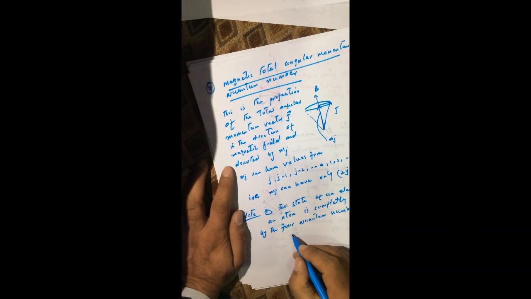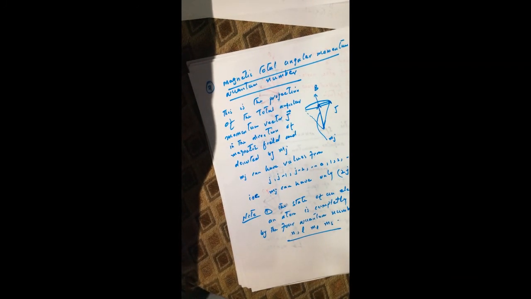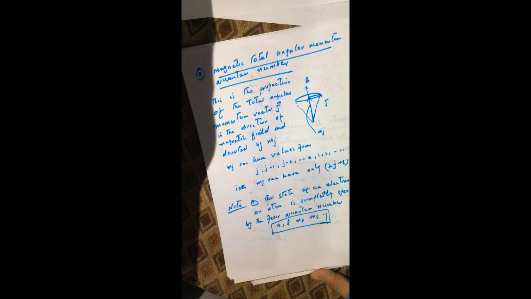And the 4 quantum numbers are the principal quantum number n, orbital quantum number L, magnetic orbital quantum number ml, and magnetic spin quantum number ms. These 4 quantum numbers completely specify the state of an electron in an atom. So we will discuss all these 4 quantum numbers by discussing the Pauli exclusion principle in the coming videos. Thank you. This is all about quantum numbers.